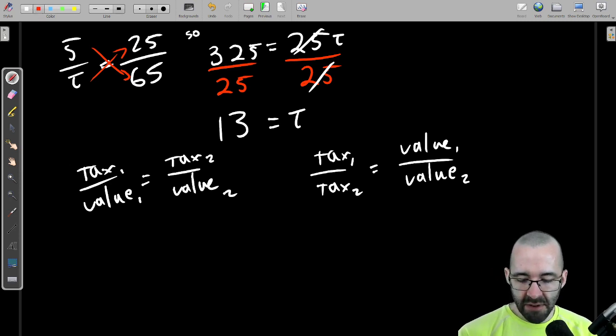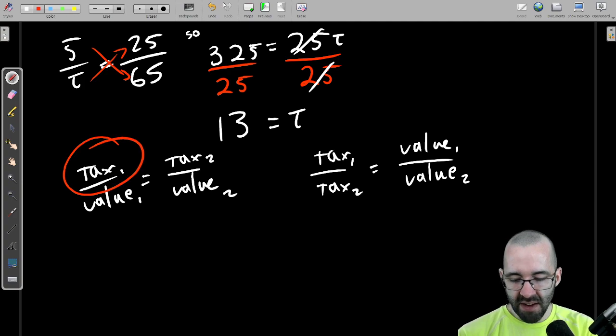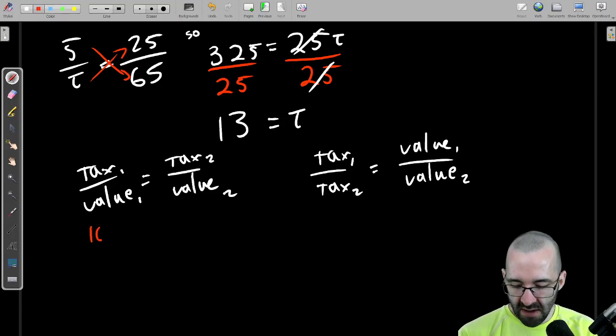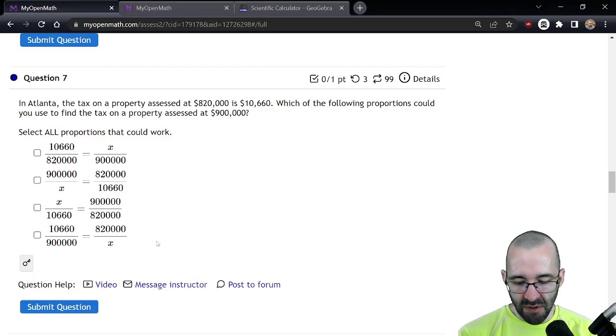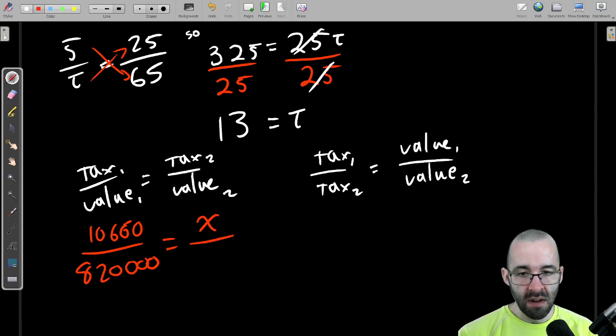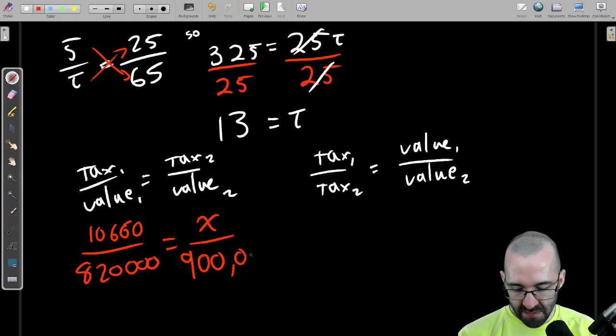So let's look at them. What's the tax of the first property? Find that tax out of that first property, 10,660, divided by the value of the first property, 820K. That's equal to the tax of the second one, which we don't know, divided by the value of the second one, 900,000.